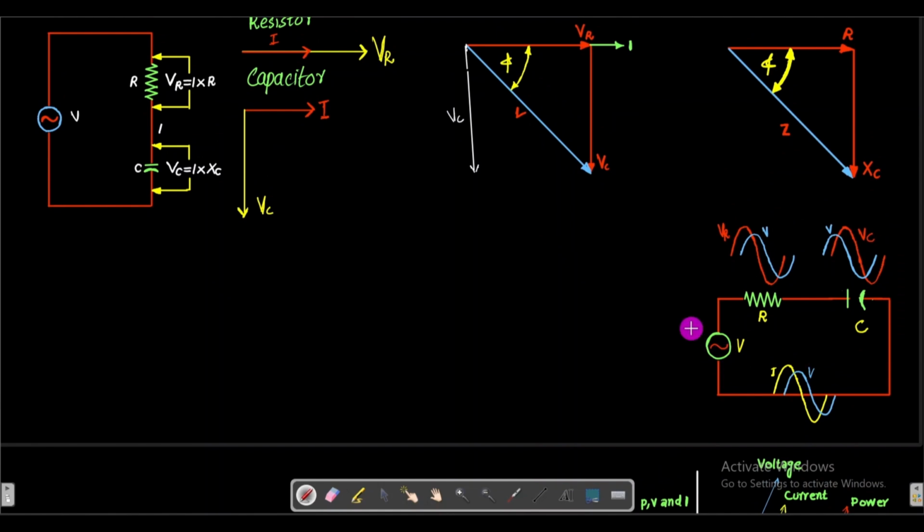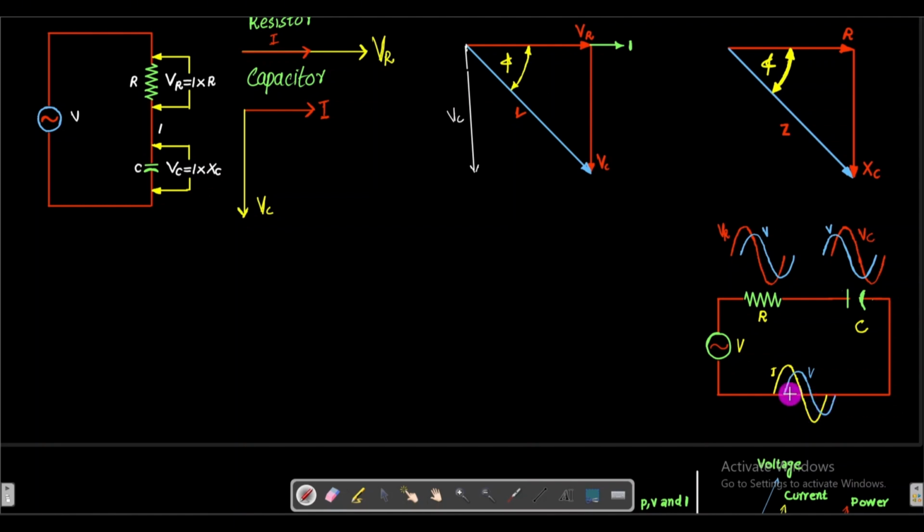Here we know that due to this voltage the current I will be developed inside this circuit, and that current I is the same because the components are in series with each other. So we have that current I, the alternating current, and that will have this graph.